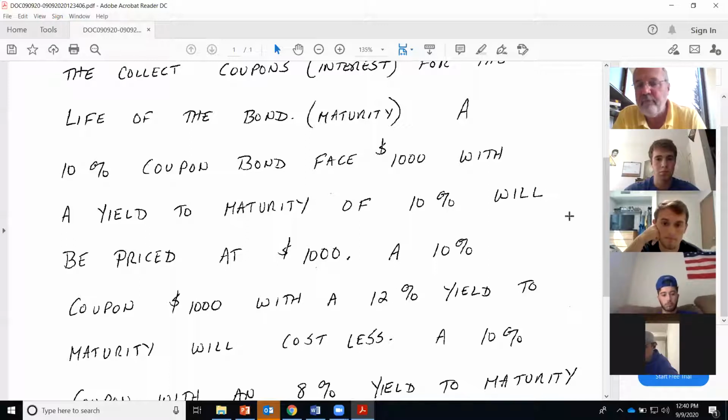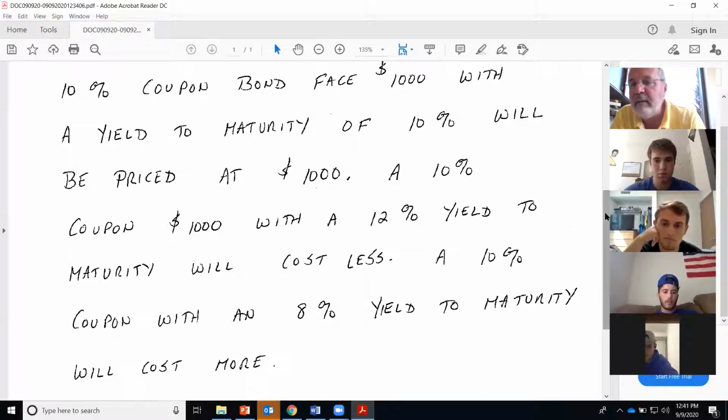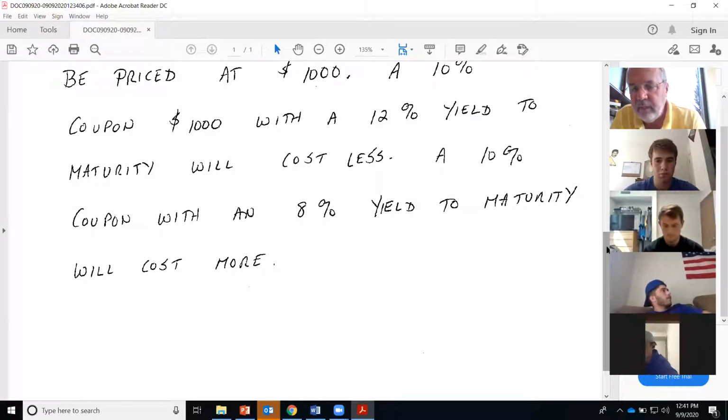That's straightforward, right? Everybody knows this from corporate finance, hopefully. A 10% coupon bond with a 12% yield to maturity is going to cost less than $1,000, perhaps $800. A 10% coupon with an 8% yield to maturity is going to cost more than $1,000, maybe $1,200. Okay?